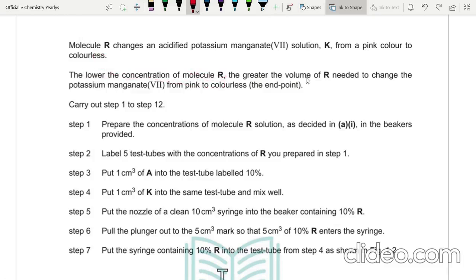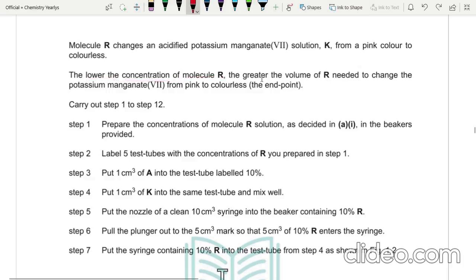So they've told you this trend here in this line. Just let me highlight it. So they have already told you in this line. Okay, so the lower the concentration, the greater the volume.